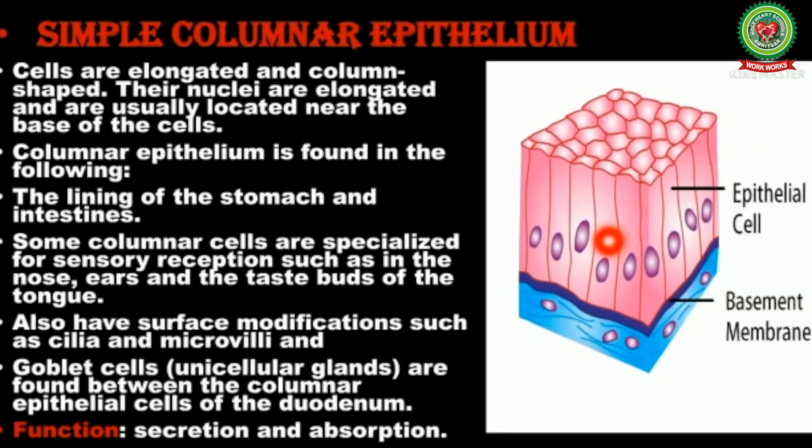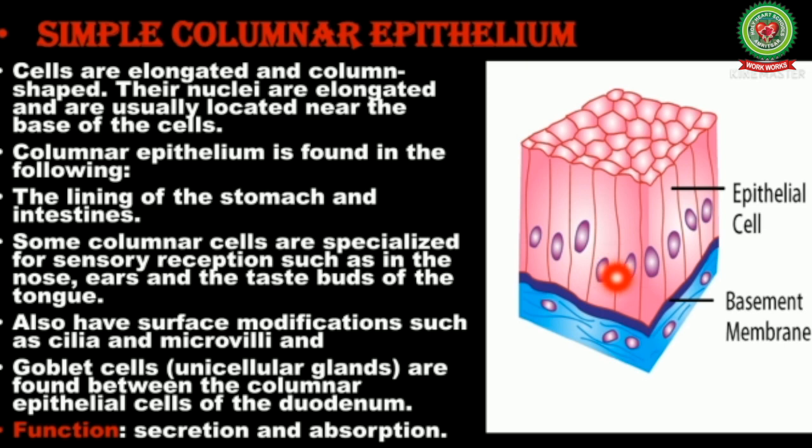Then is simple columnar epithelium. The cells of columnar epithelium appear rectangular in vertical section and polygonal in surface view. In keeping with the shape of the cell, the nuclei are also frequently elongated. The surface of the columnar epithelium is sometimes covered with microvilli, which are arranged regularly to form brush-bordered epithelium.